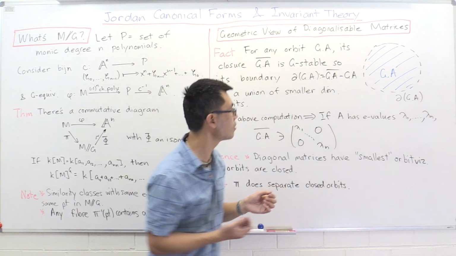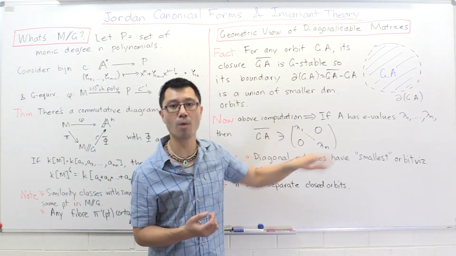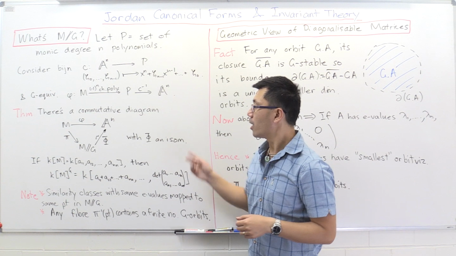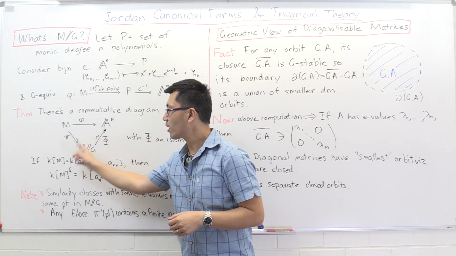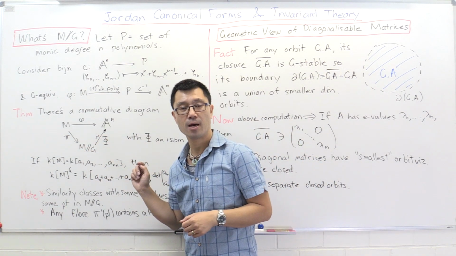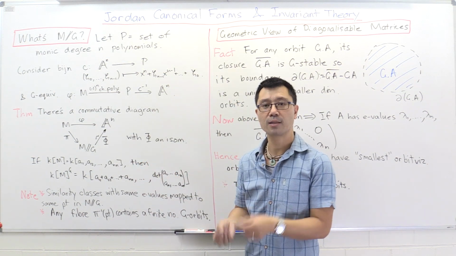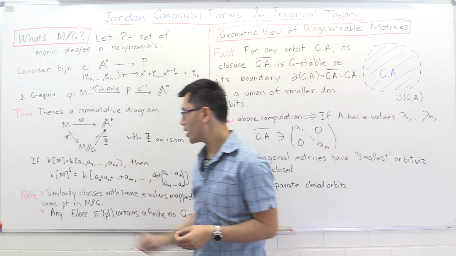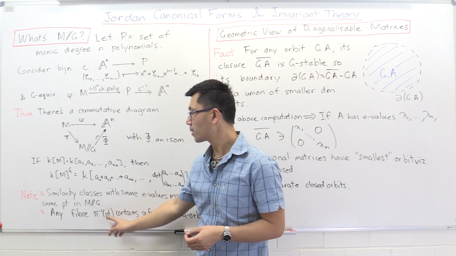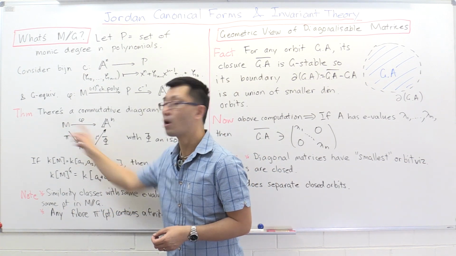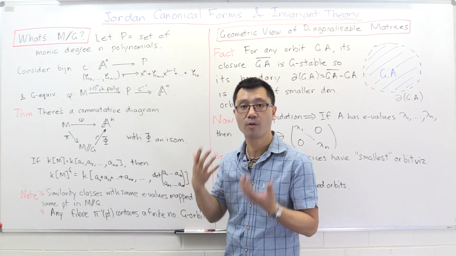So let's revisit the computation that we did before. We've got a good understanding of what this M double mod G is now. Now let's look at the points of this. Each point, if you look at its inverse image, corresponds to a finite number of G orbits.